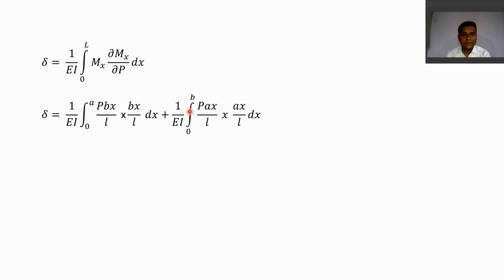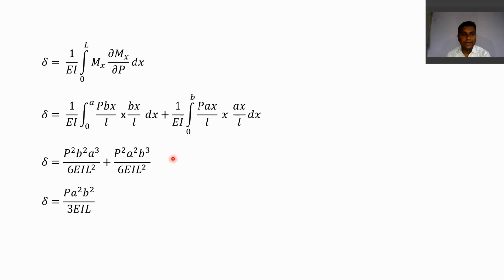For the next part, the integration limits are from 0 to b. The value of Mx is Pax upon L into the partial derivative, delta Mx by delta P, with respect to dx. When you solve this integration, you get the equation of delta. Finally, the displacement is delta equal to P a squared b squared upon 3 EI L.